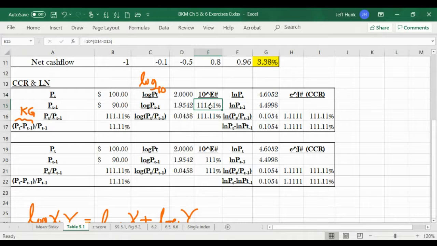And this one, I think what I tried to do was, let me do this. 10 raised to, basically, this is the growth rate, right? 10 squared, the growth rate between 10 squared and 10 raised to 1.9542, and the growth rate would be like this.